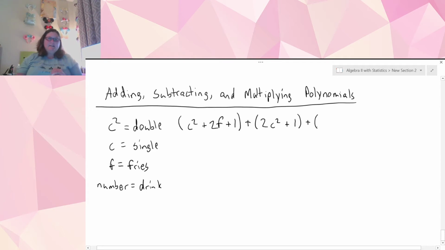And let's say Kayla wants a double cheeseburger and a fry and a drink. And Amanda wants 2 cheeseburgers, a fry, and a drink. Okay, so that's how the order is placed, and that's how it's taken.